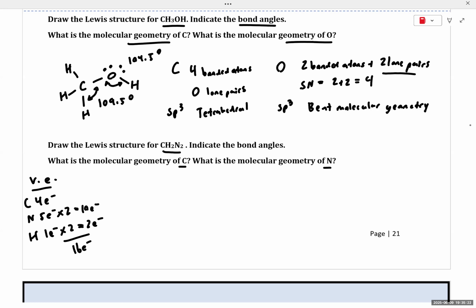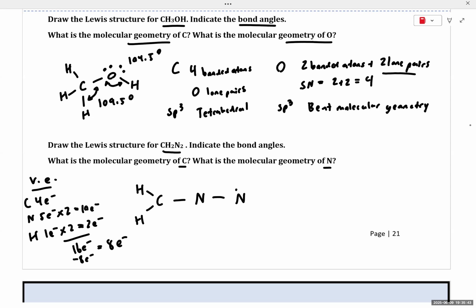So we have 16 electrons to work with. We're going to designate the carbon and nitrogens as our central atoms and surround the carbon with the 2 hydrogen atoms. We're then going to form one bond each, 2, 4, 6, 8, giving us 8 electrons remaining.